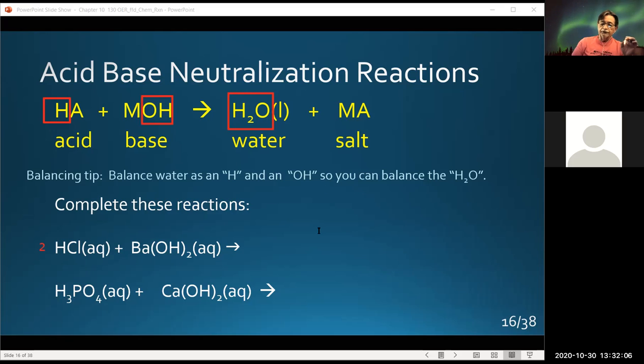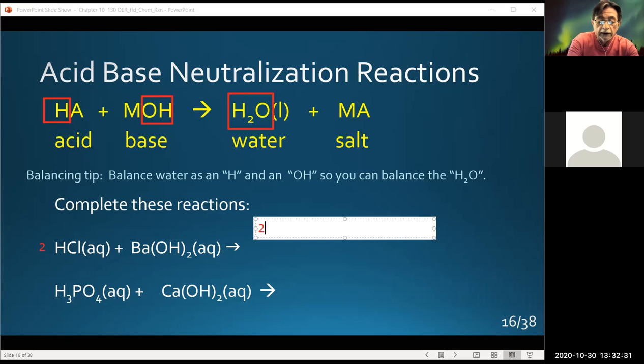Therefore, I also know that when I get a proton and a hydroxide together, I'm going to make a water because we're neutralizing it. But since I started with 2 protons and 2 hydroxides, how many waters am I going to make? You'll make 2 waters. Yeah, exactly. You're going to make 2 waters, okay?